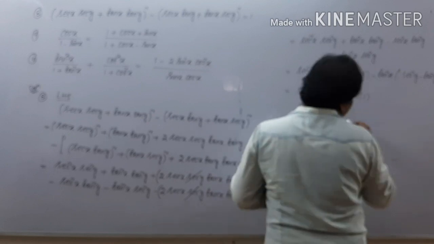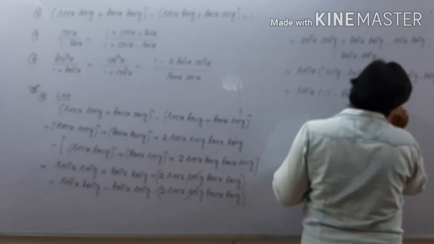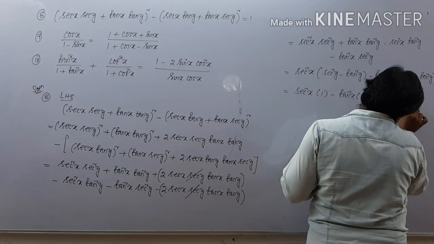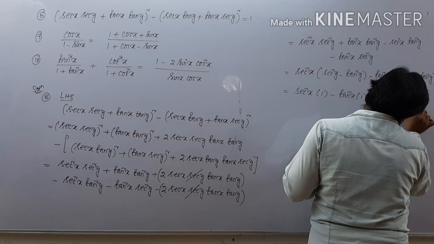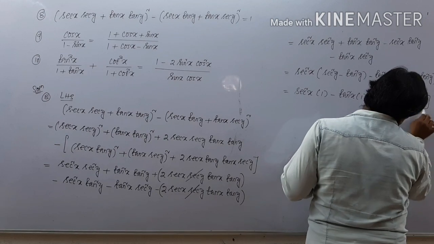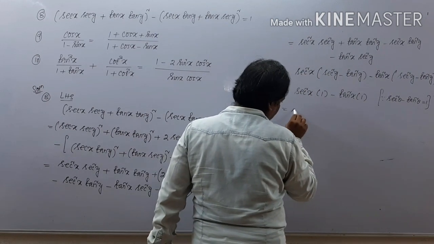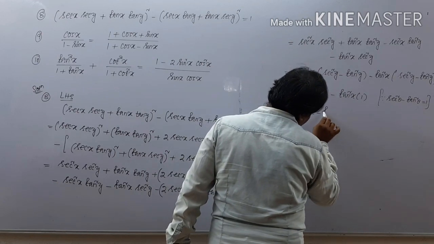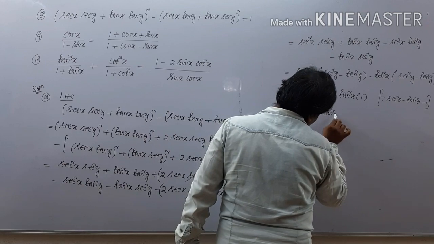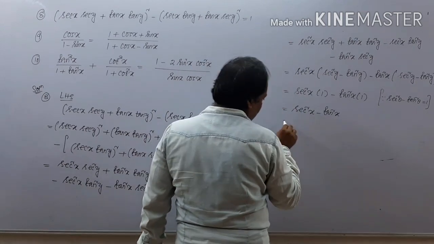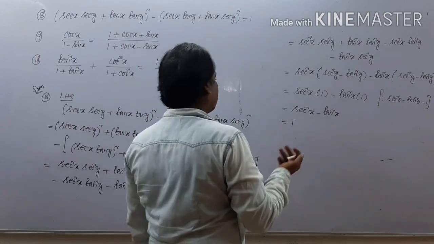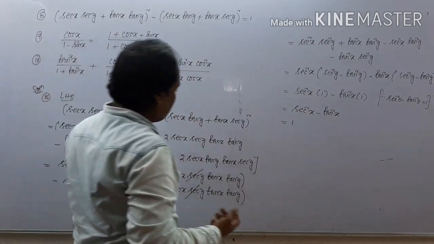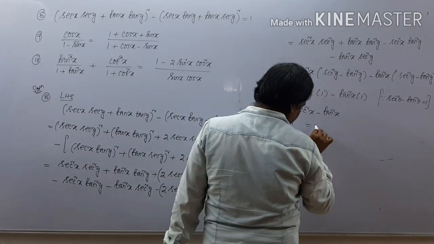What is the reason? Reason is since sec square theta minus tan square theta is equal to 1. So here we got sec square x minus tan square x. Again clearly as per the formula this is 1. So clearly we got this expression is equal to 1, which is nothing but the right hand side.